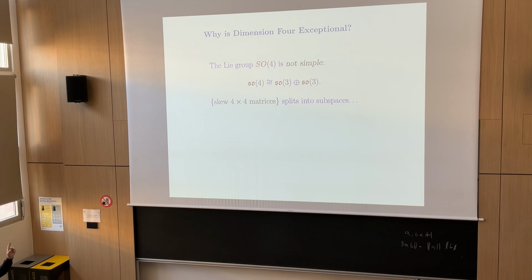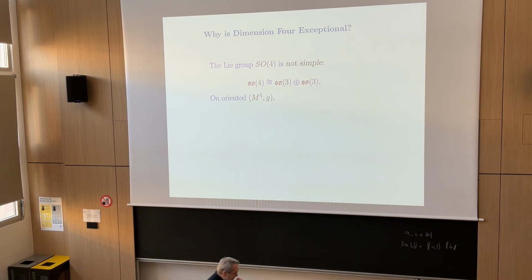So if you're thinking on the level of representations of SO4, this Lie algebra SO4 can also be thought of as the set of two-forms on R4. The set of two-forms on R4 has an invariant decomposition into two three-dimensional subspaces that's invariant under the action of SO4.